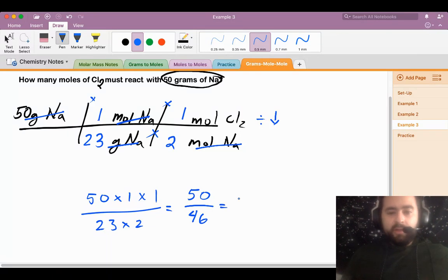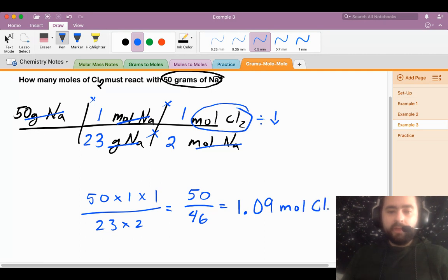All we got to do is plug that in. 50 divided by 46 is going to be a long decimal, but let's round it to 2. 1.09. And my unit, moles of Cl2. And that's the answer.